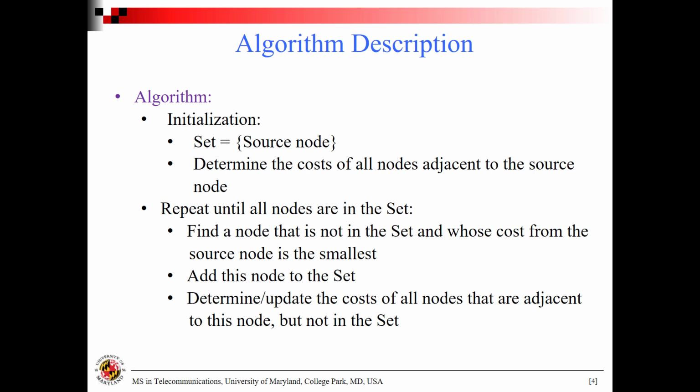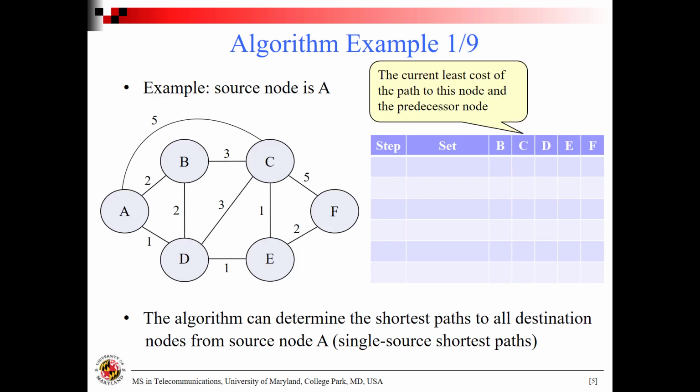So just to see how this actually happens, we're going to go through an example. So here's the little example. That's a model of a reasonably small network, but obviously this is for illustration purposes, where the routers are represented by vertices or these nodes, A, B, C, D, E, F. And the connectivity, as you could see, is represented by the edges between those vertices.